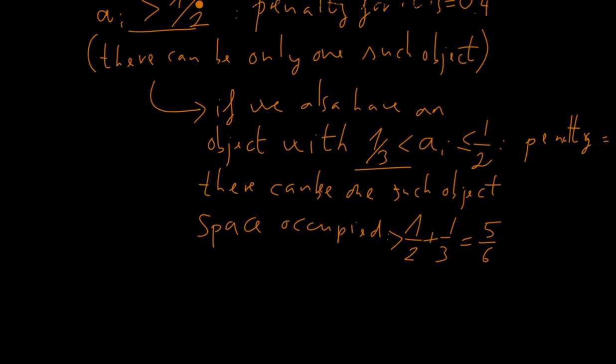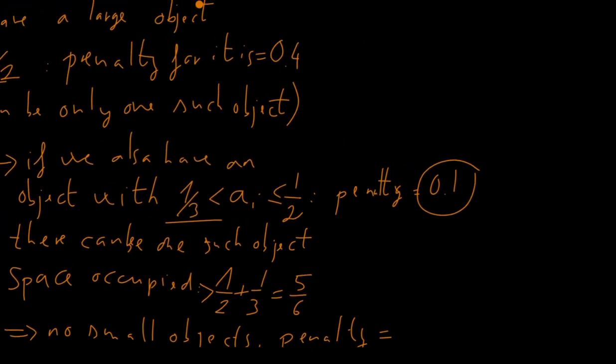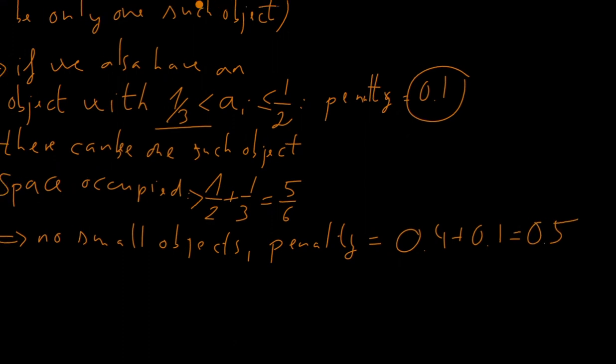So the space occupied is at least 5/6, which means that no small objects. And in this case the penalty is exactly 0.1 plus 0.4. That's good. Now that was the first case.